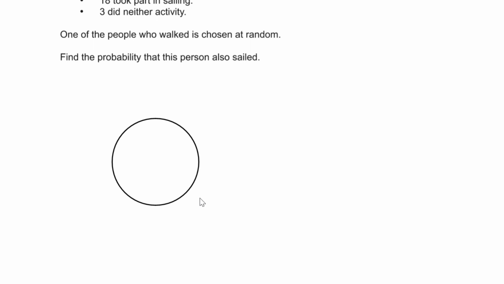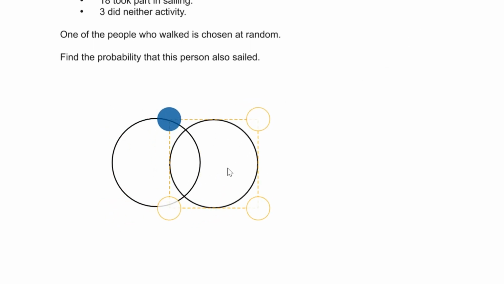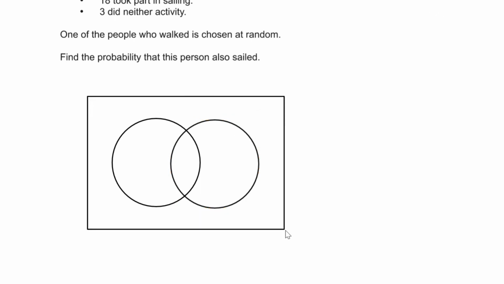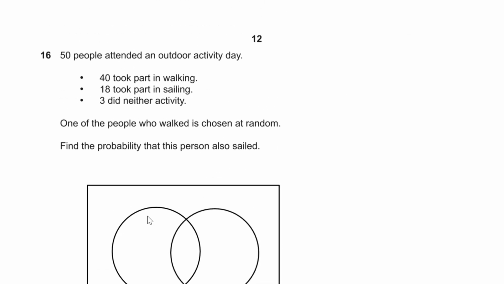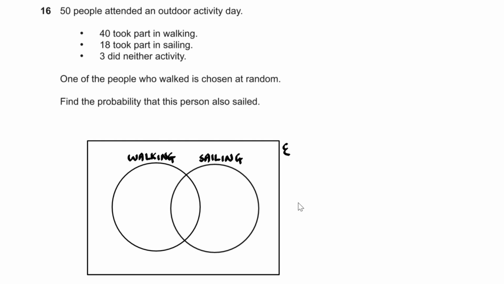We begin by creating 2 circles, something like this. And then we've got a box around this, something like that. So what we have here is the activity of walking, and we've got the activity of sailing, and we've got a set of people here. Now we've got 50 people in total, and we know that 3 people did neither activity, so we've got 3 over here.